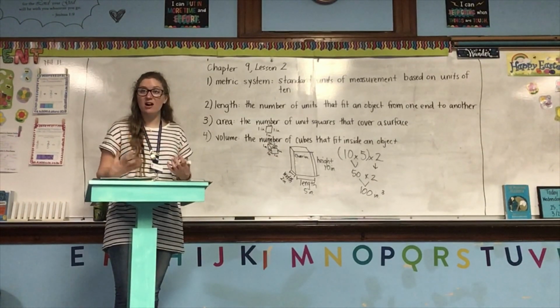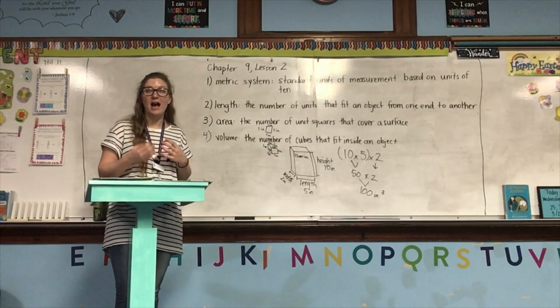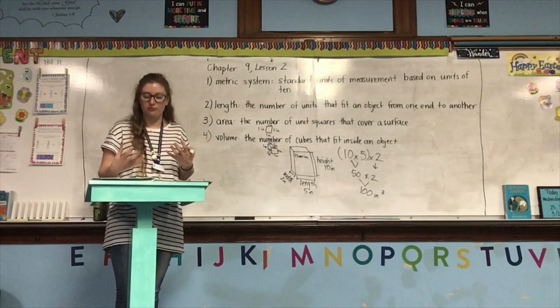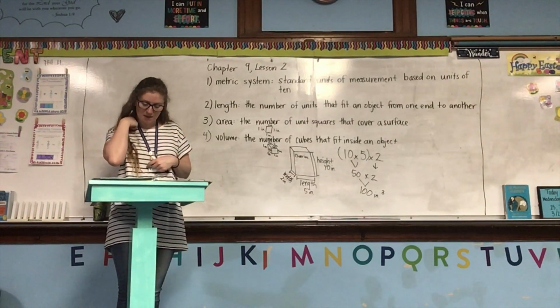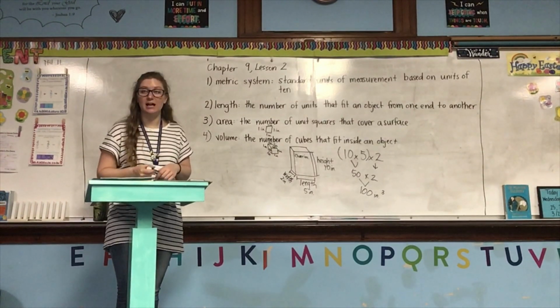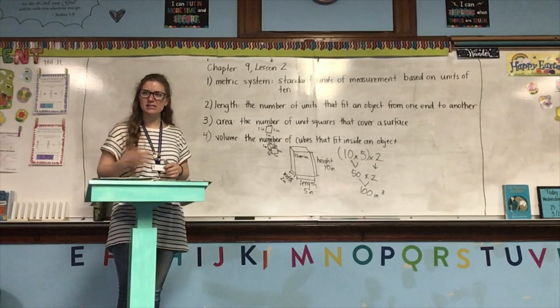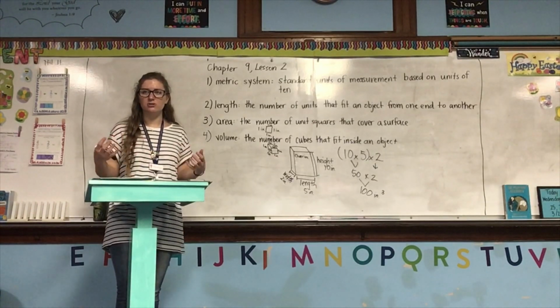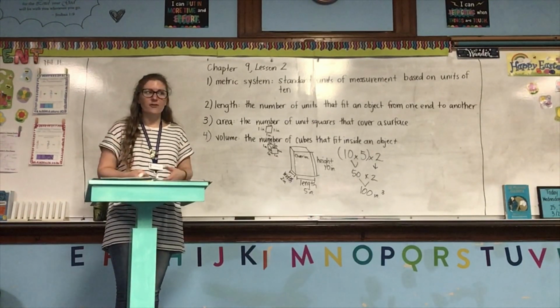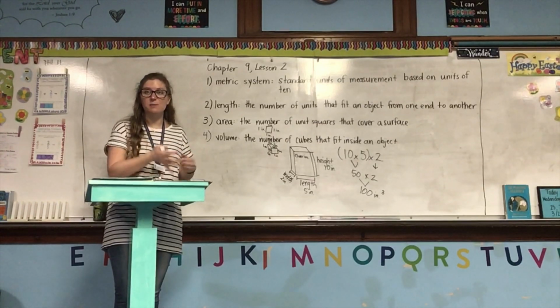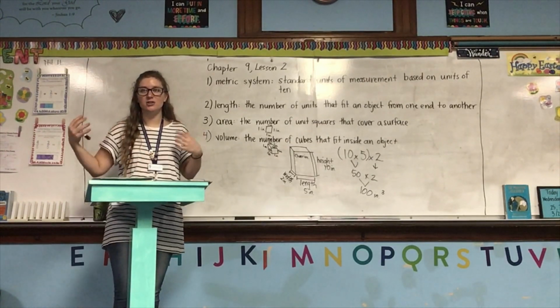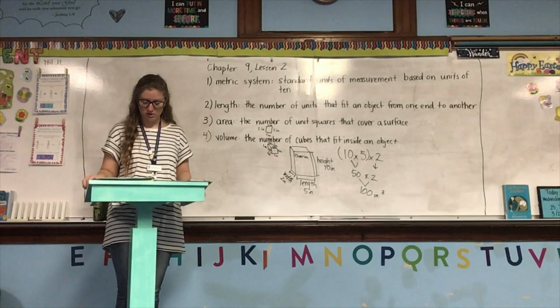If you have a larger amount of liquid or powder or maybe small fruits, you might use a measuring cup to measure volume in cups or pints. It's just like when we were talking about measuring length and width. For smaller things, you're going to use a smaller unit of measurement, and for larger things, you're going to use a larger unit of measurement.